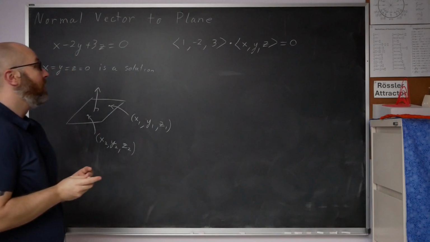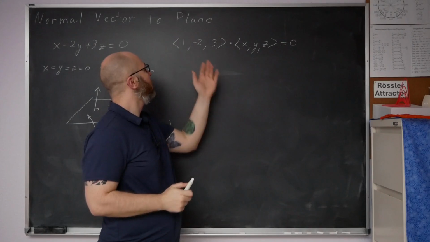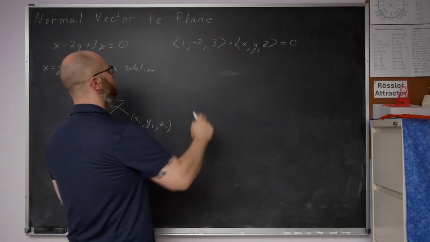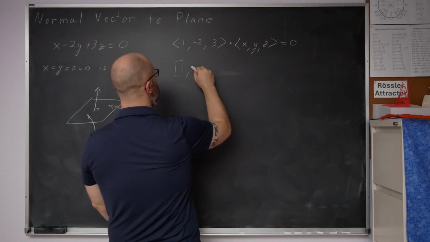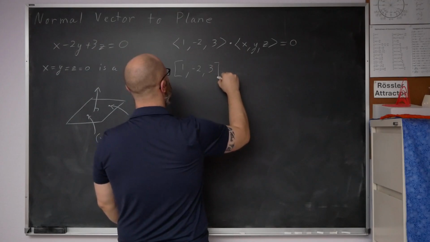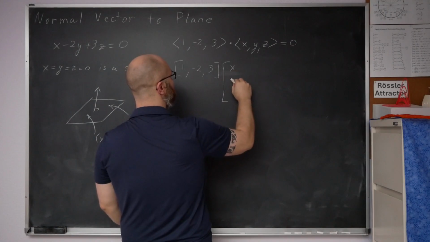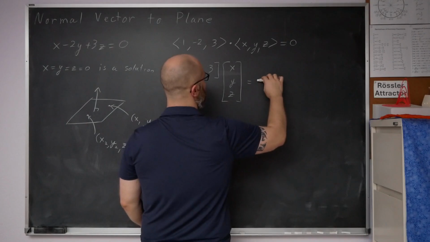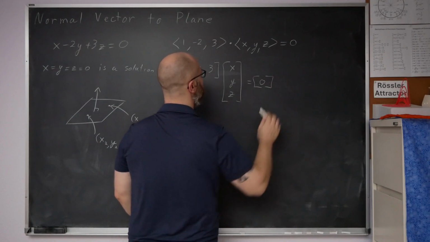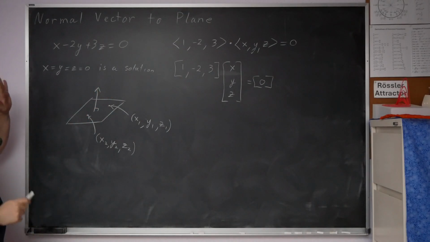Since it's equal to 0, that means it's perpendicular. In linear algebra notation, you would have the row vector 1, negative 2, 3 times the column vector x, y, z, which ends up being the 0 matrix.